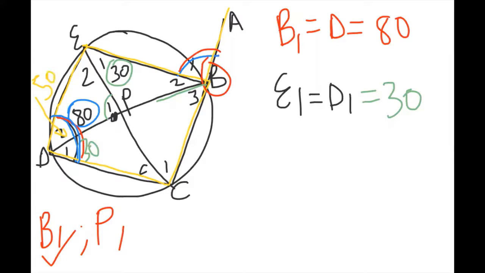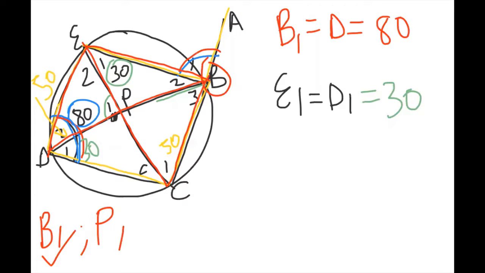Okay, let's see how we can use that 50 now. If D2 is 50, then we can say the C1 is also 50, because it is supported by this arc over here, and that arc extends to that C1, which also extends to that D2.